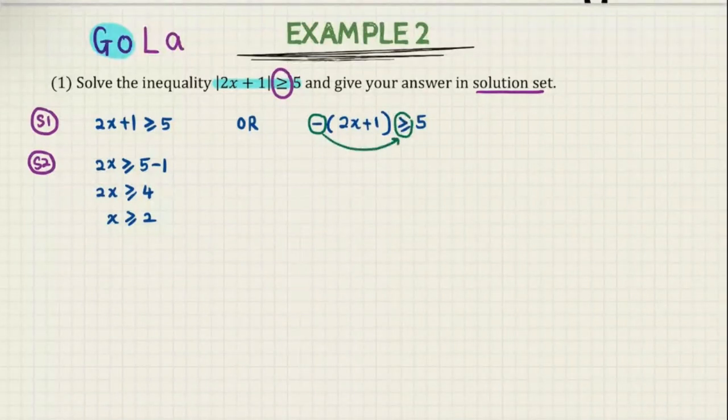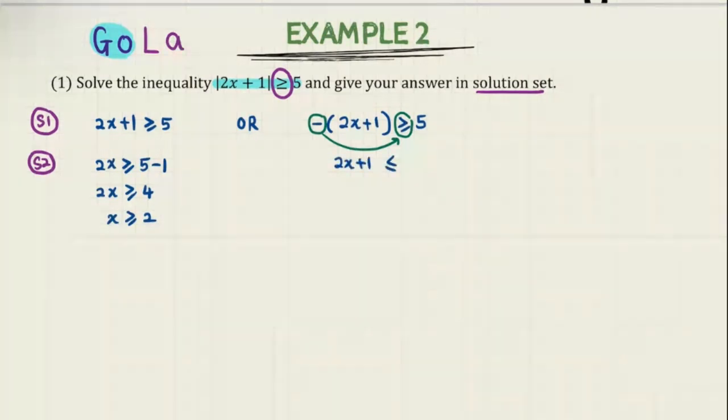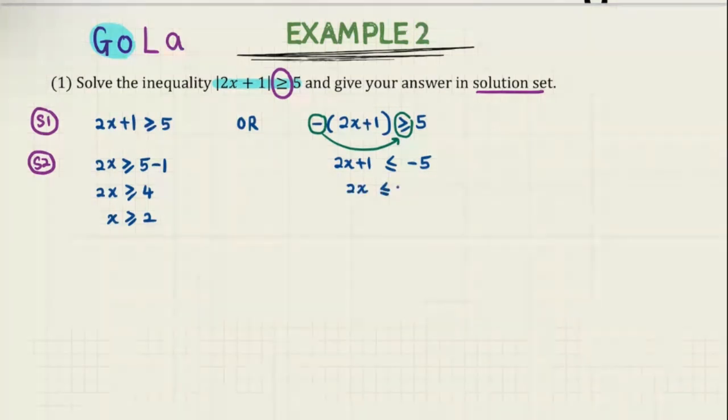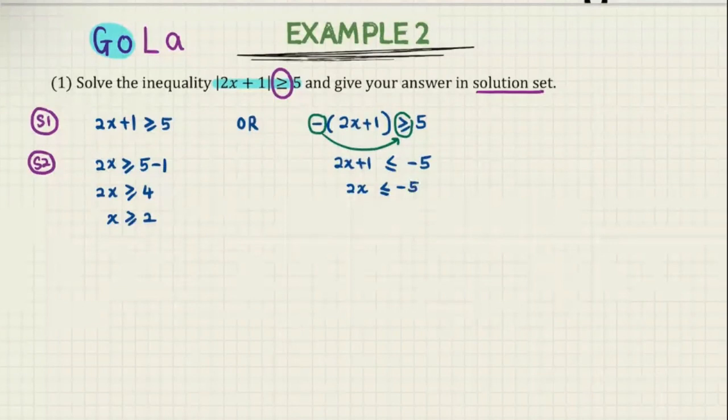Okay, so it will be 2x plus 1 less than or equals to negative 5. Okay, so kena tengok kat situ lah, bila kita pindahkan negatif, bila melibatkan darab dengan bahagi, so inequality sign tu akan berubah. So ini kena ingat okay, kemudian let's solve the inequality. So kita ada 2x less than or equals to negative 5 minus 1 will be negative 6.